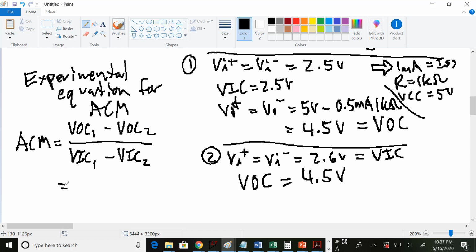In this case, if you plug in the values, you get 4.5 volts minus 4.5 volts. Then on the bottom, you've got 2.5 volts minus 2.6 volts, and that just equals 0. And the best ACM you can have is 0 volts.